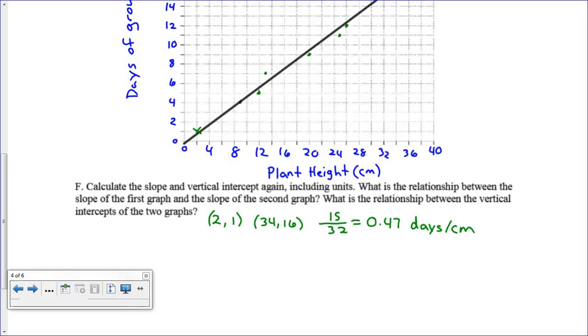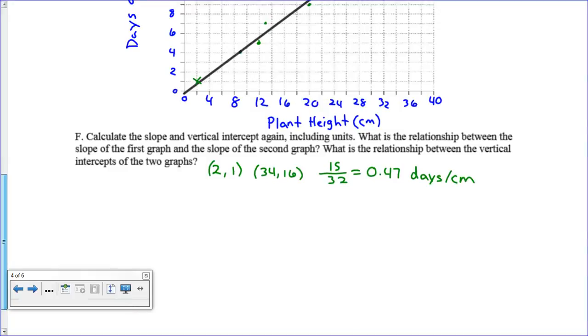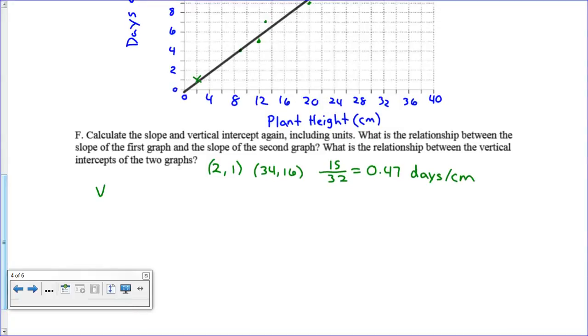The y-intercept you can see here looks like it's right about 0 or negative 0.5 or something along those lines. So we'll say our vertical intercept is about negative 0.5 there.